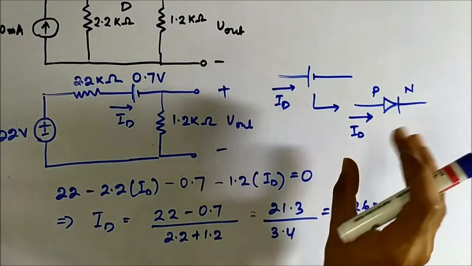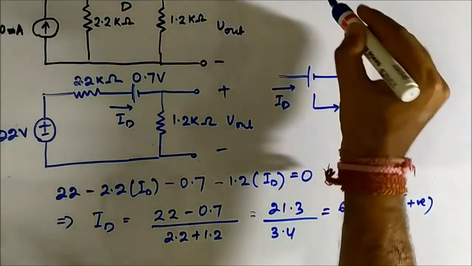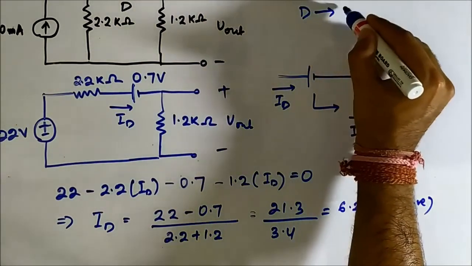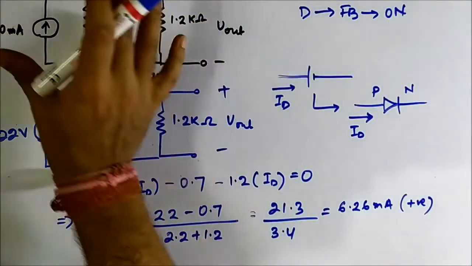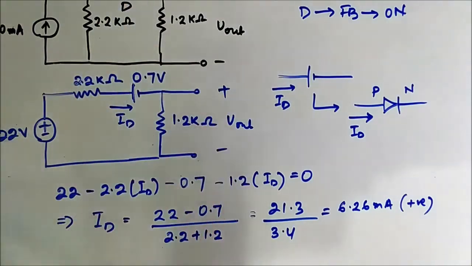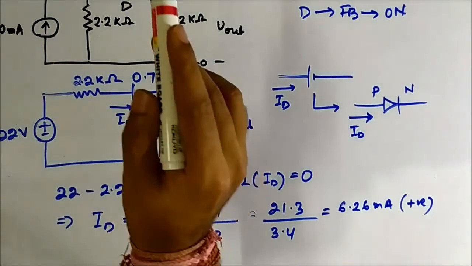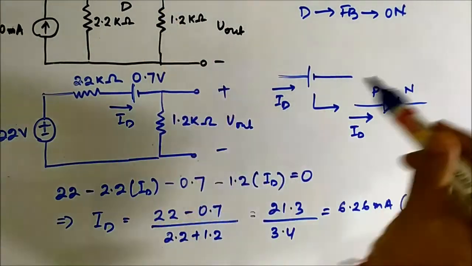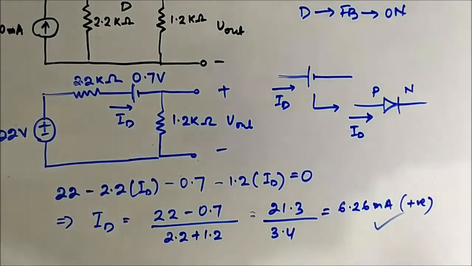When a current flows from P to N through the diode, it means that this diode is forward biased, it is on. It means our assumption that this diode is on is correct, and all these things associated with it are also true. These relationships hold because our assumption is correct. So this current ID is equal to 6.26 milliampere.